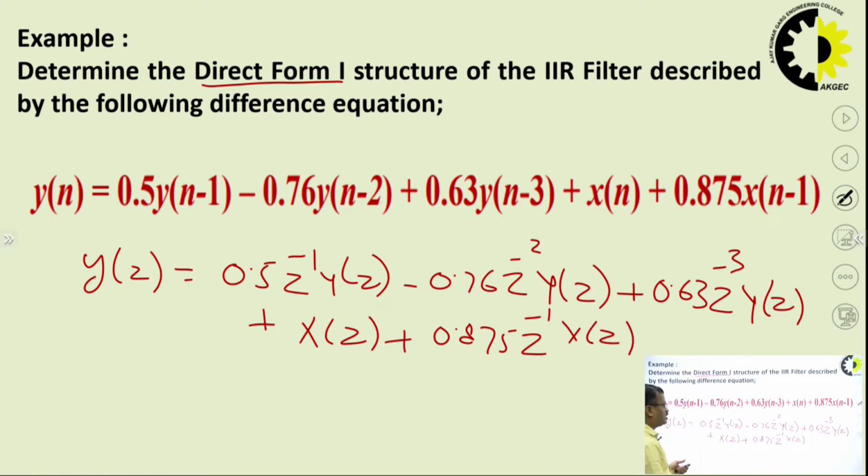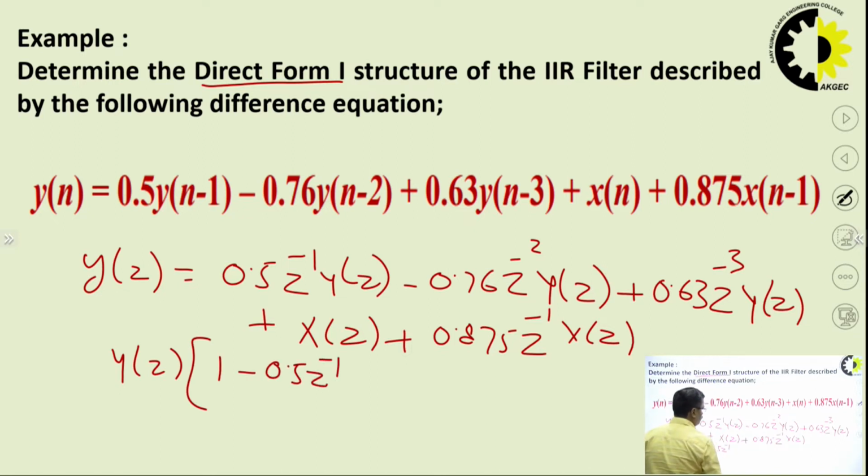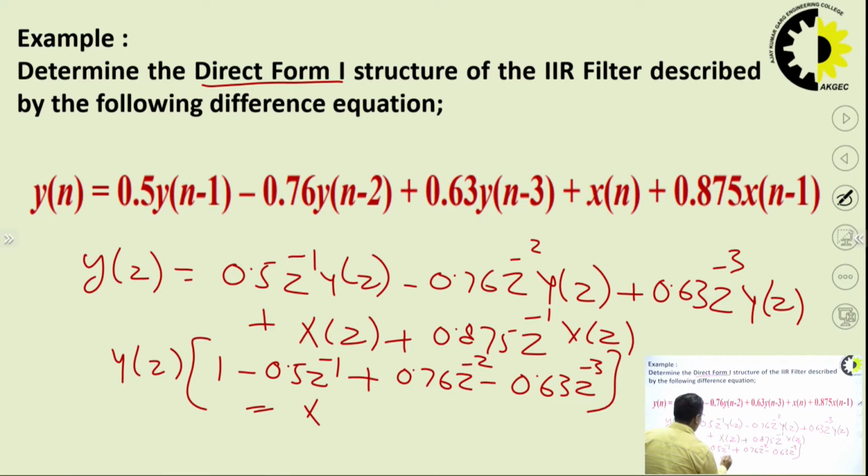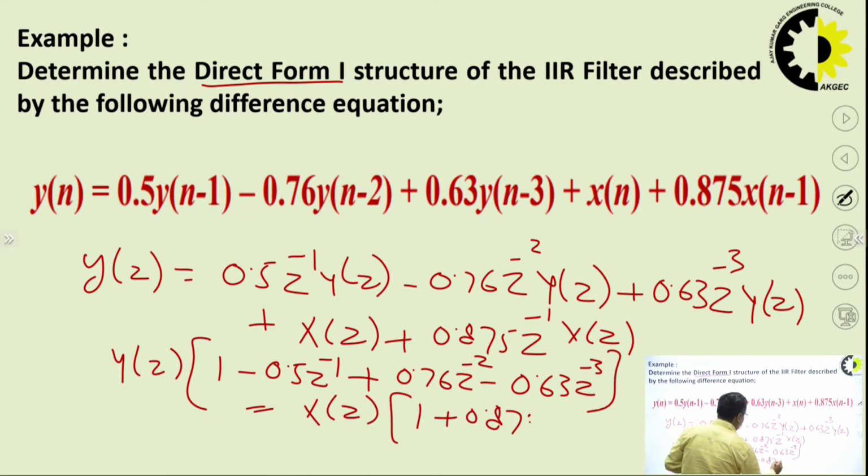Okay. Now, separating the terms of X(z) and Y(z). So, what will happen? Y(z), if I am separating, then 1 minus 0.5 z inverse plus 0.76 z to the power minus 2 minus 0.63 z to the power minus 3 is equal to X(z) times 1 plus 0.875 z to the power minus 1.